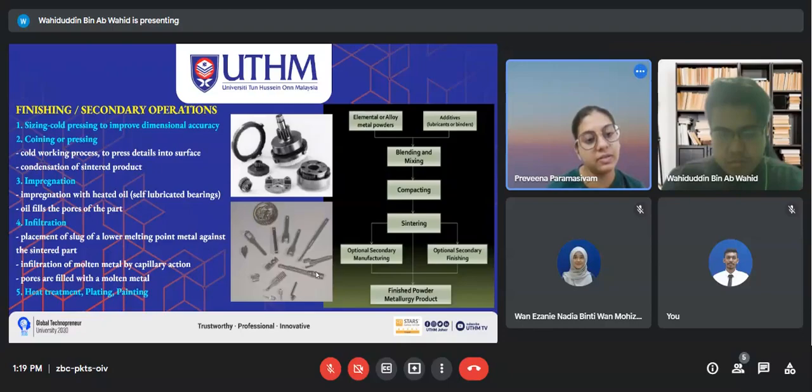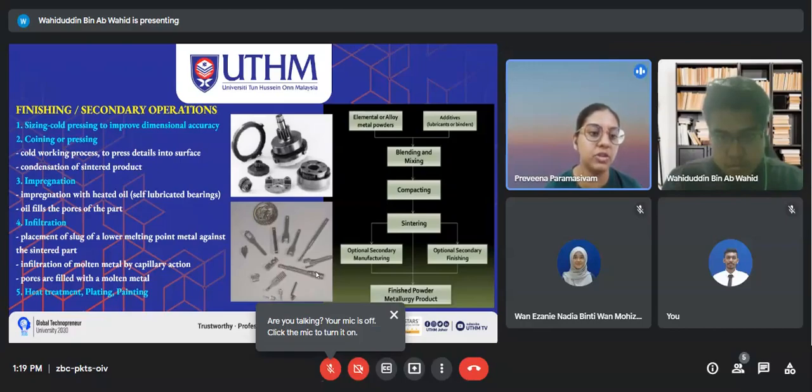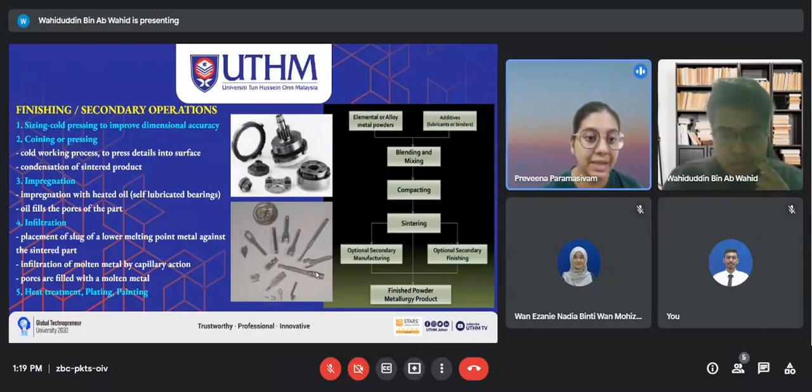In the figure above, we can see the finished product made through the powder methodology. Initially, elemental or alloy metal powder goes through blending and mixing as mentioned previously, and then to compaction, whether pressure or pressureless, and then sintering, which can be solid sintering or liquid sintering.